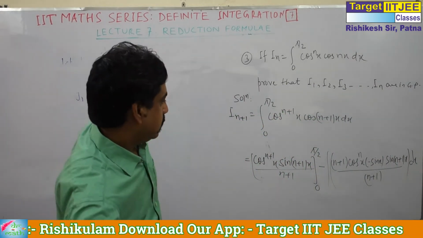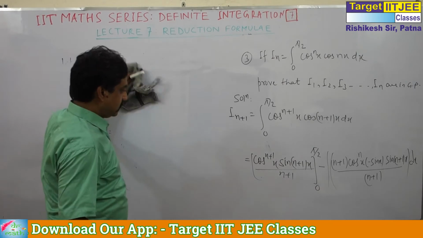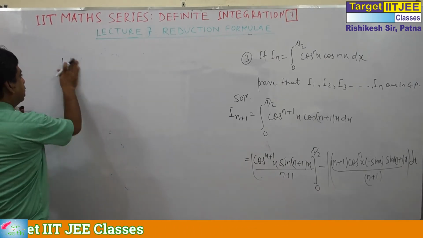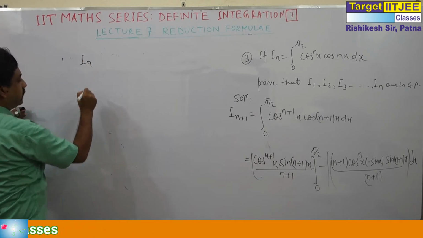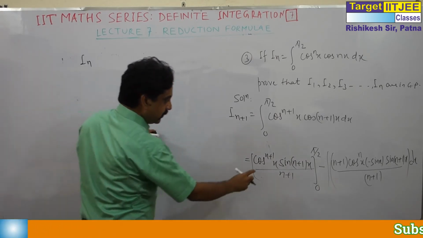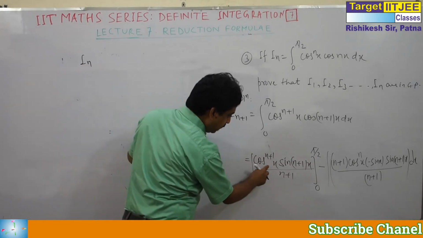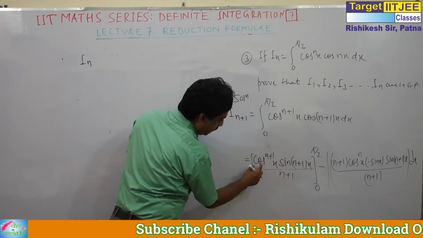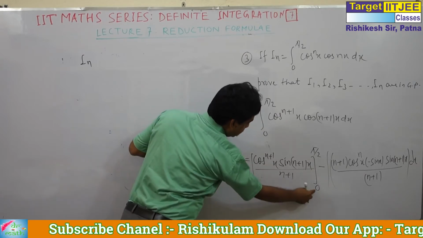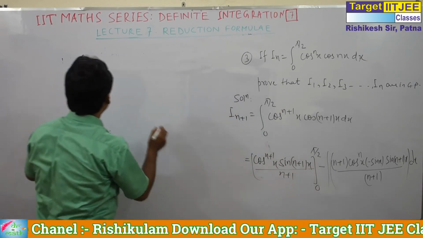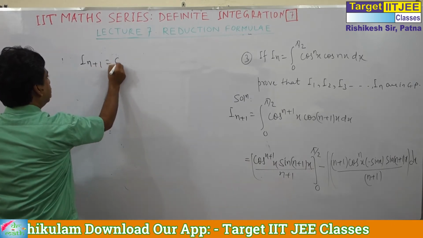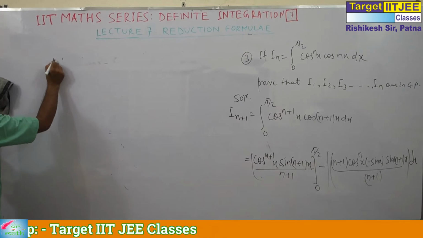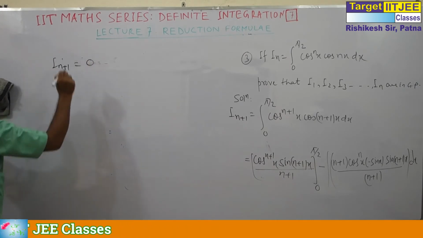Now let's see. This is what? This is I_n. If you see, the first part will be 0. Why 0? Cos at x equal to pi by 2, cos pi by 2 is 0, and at x equal to 0, sin is 0. So this is 0. I_(n+1): the first part is 0.